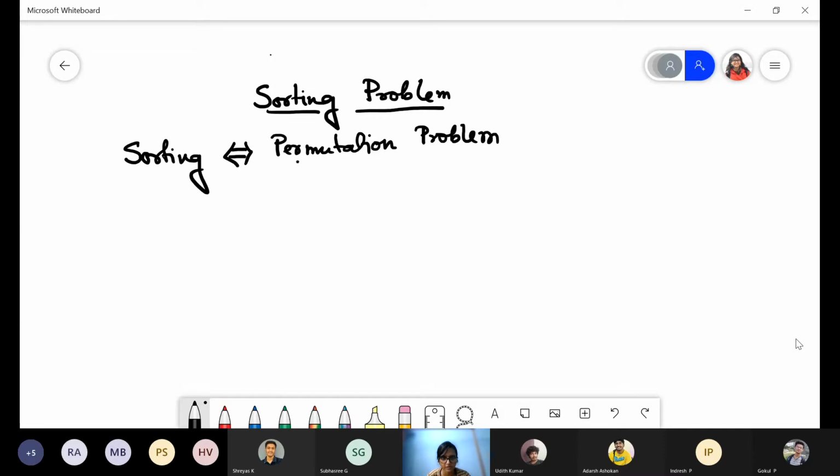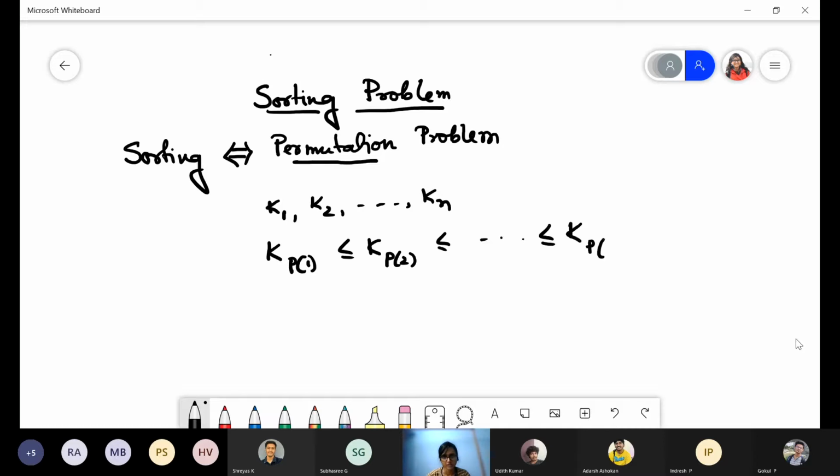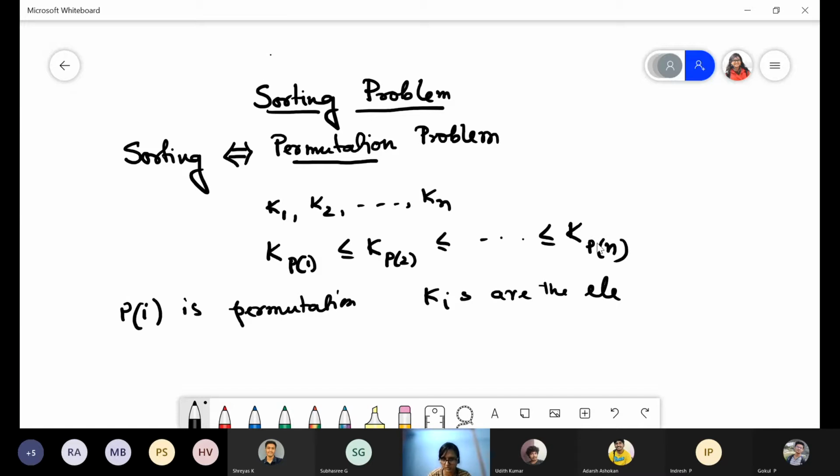Given some set of elements, say k1, k2 to kn, we need to find one specific permutation such that k of p1 is less than or equal to k of p2, less than or equal to k of pn, where the pi is a permutation and the ki's are the elements, and we are sorting in increasing order.